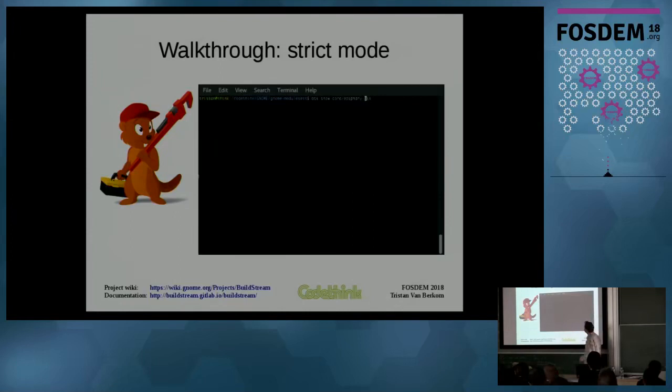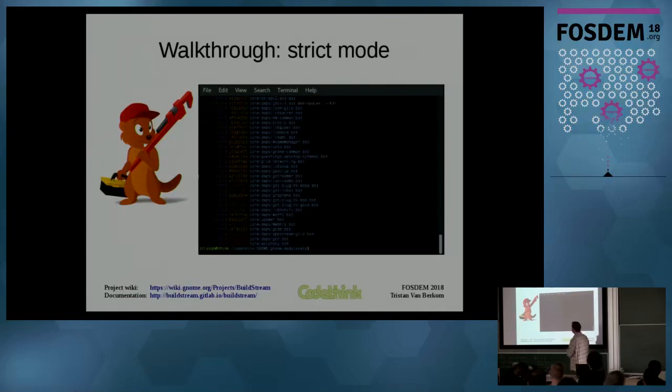So let's try without strict mode. Strict mode is the default: everything has to be built, and every reverse dependency has to be rebuilt when something changes, which is what you would want in production builds. But without strict mode, I'm going to test something with the exact version of everything, without necessarily rebuilding against everything.